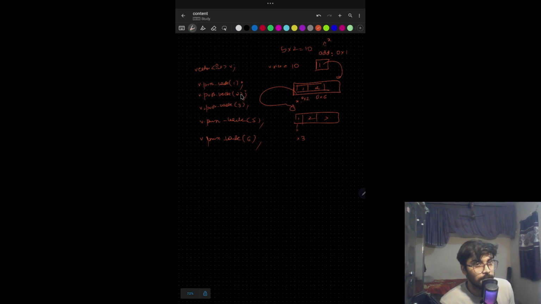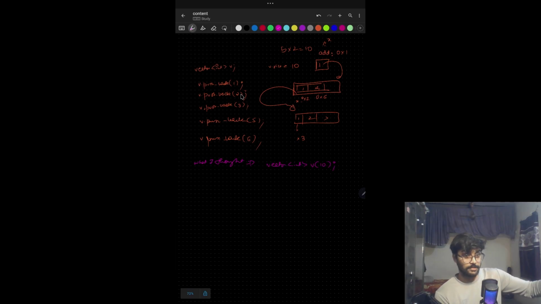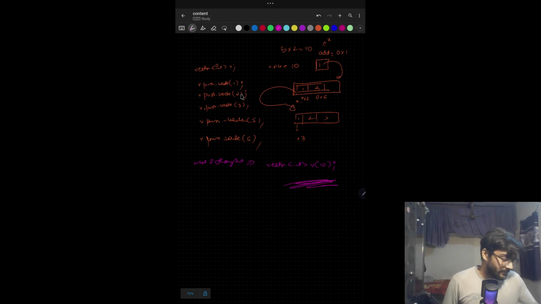So what's the optimization here for HFTs? What I thought the optimization could be was, I actually wrote vector int v, 10. This is wrong, completely wrong. Because what would happen?